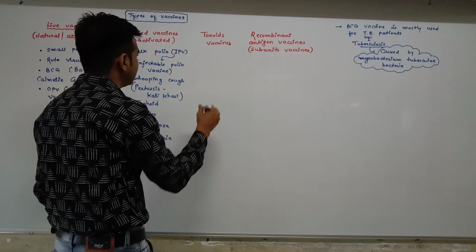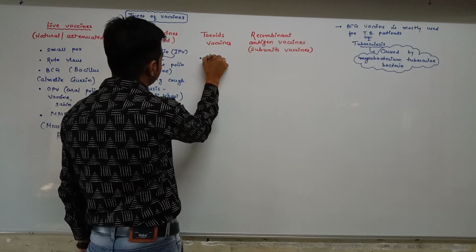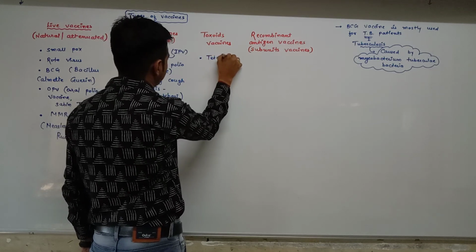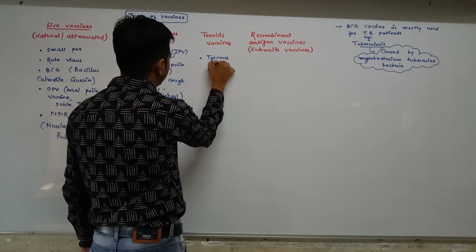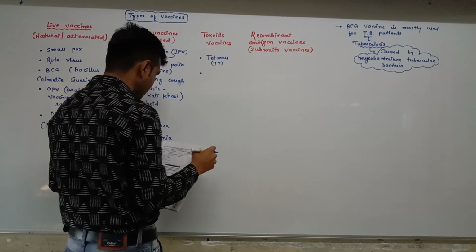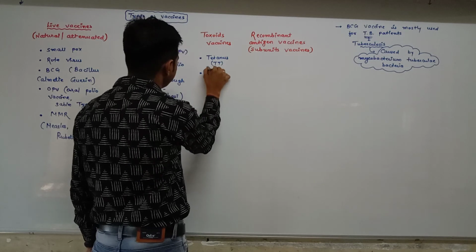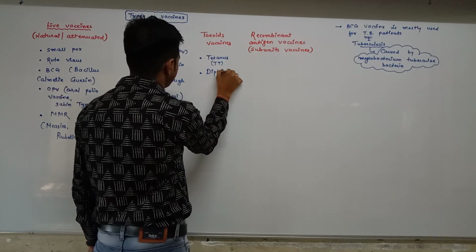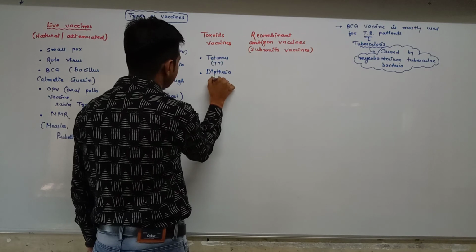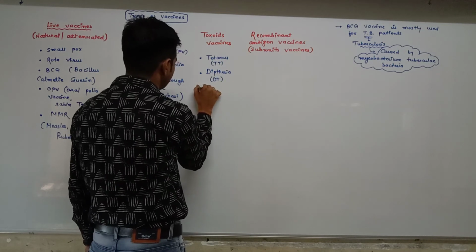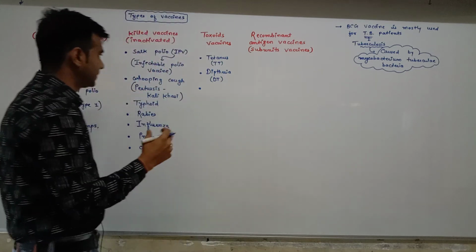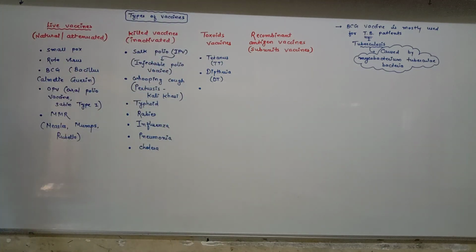Toxoid vaccine: tetanus, TT vaccine in short form, and diphtheria, we say DT vaccine. Okay. Generally, the diphtheria vaccine is a toxoid one. Actually, DPT vaccine is there: diphtheria, pertussis, and tetanus.